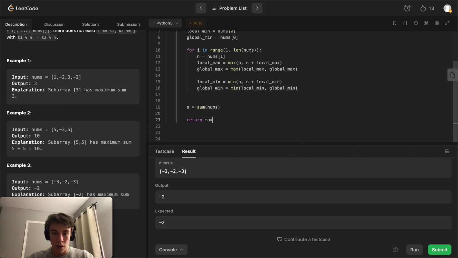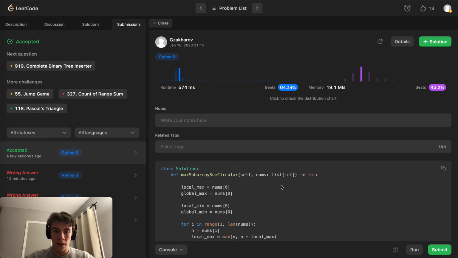So let's say max subarray of global max and s minus global min if it does not equal 0, else global max.